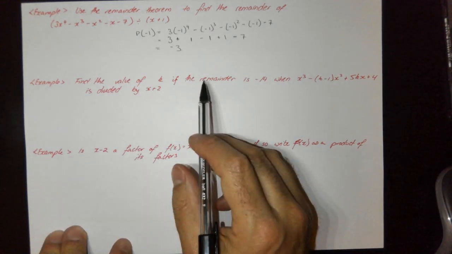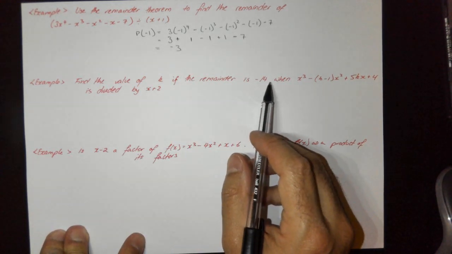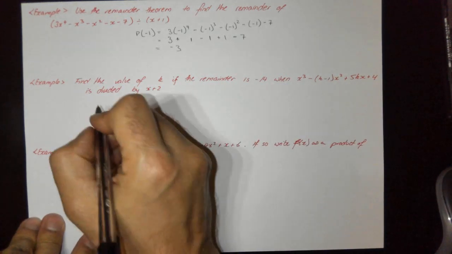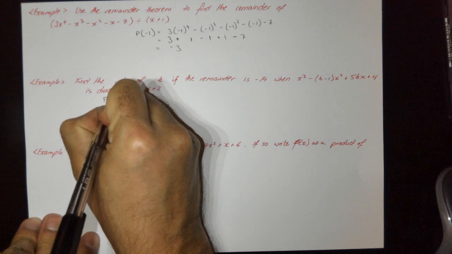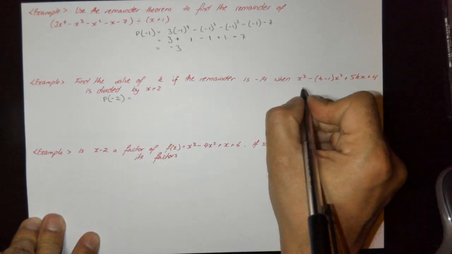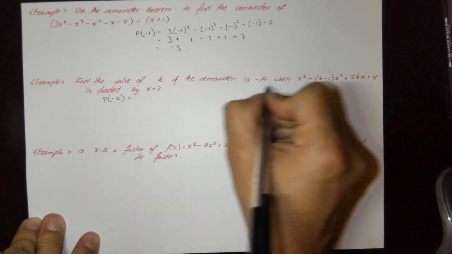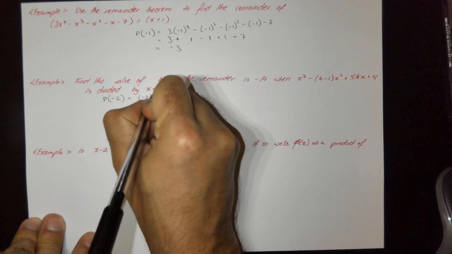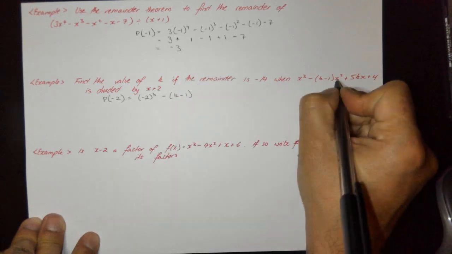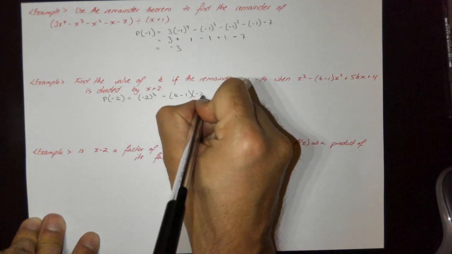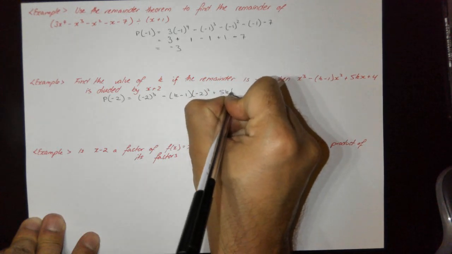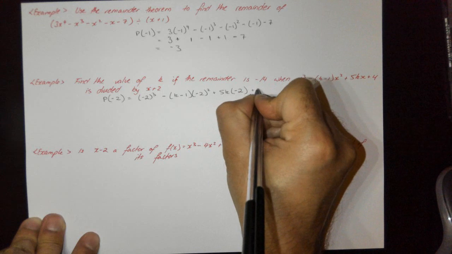All right, find the value of k if the remainder is negative 14 when this whole polynomial is divided by x minus 2. Well, same thing. So I've got p of 2. I'm going to plug this in. So 2 to the power of 3, minus k minus 1 times 2 squared, plus 5k times 2, plus 4.